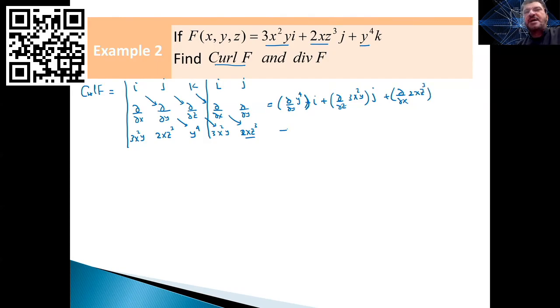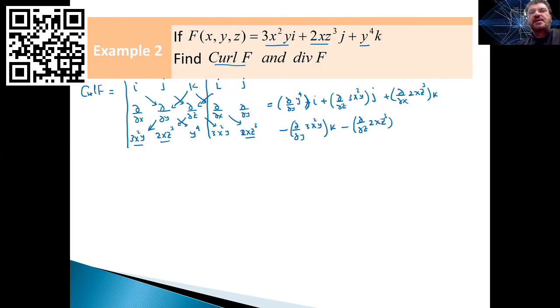Then what do we say? Minus. We go backwards now. It's d over dy of 3x squared y. This is k, right? Backwards, it's a k. By the way, we forgot the k here. Minus, this way now, it's d over dz of 2xz cubed.